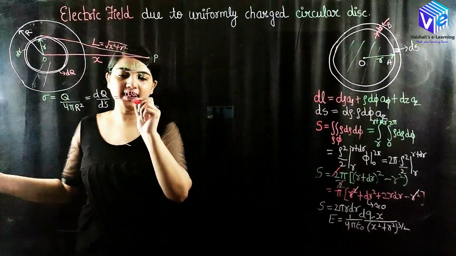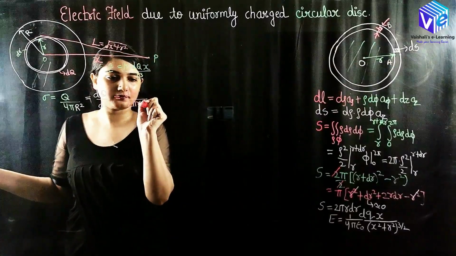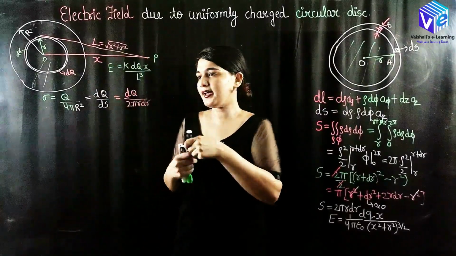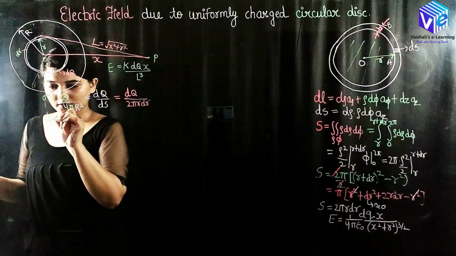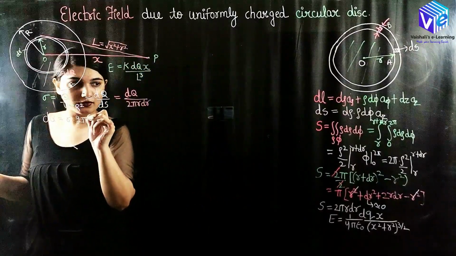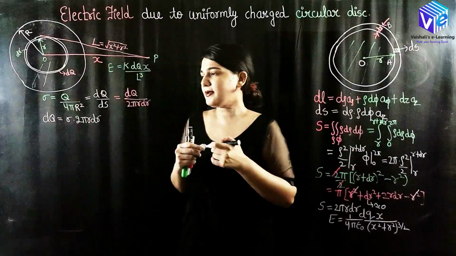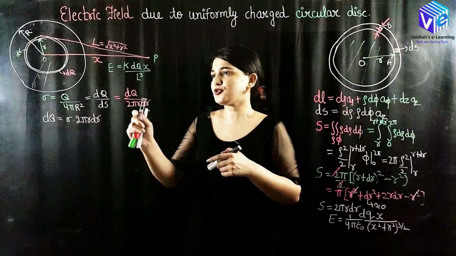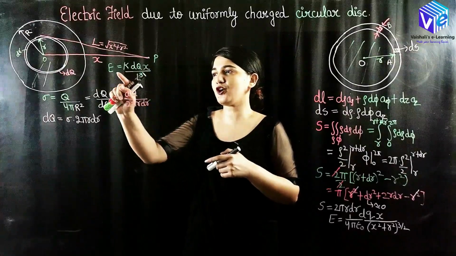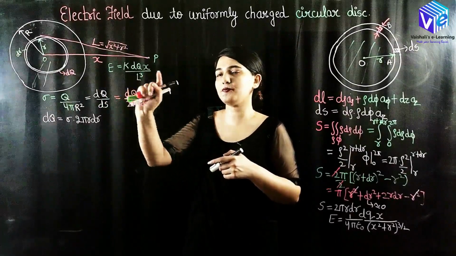It is 2 pi r dr. So from here I can find out my dq. dq will be equal to sigma into 2 pi r into dr. Now in the equation of electric field intensity I will be putting my dq.